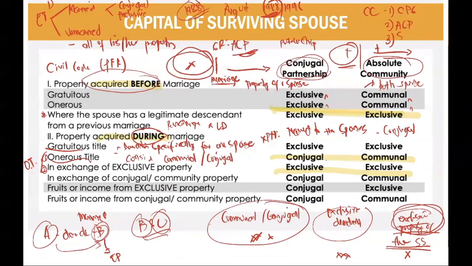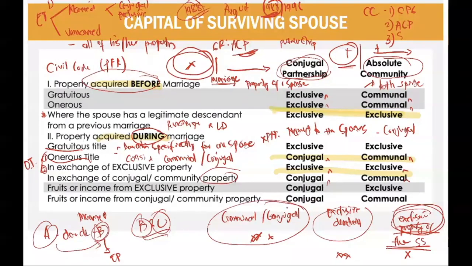Therefore, it is considered conjugal. On the second one, it is an exchange of exclusive property. That's why it is considered exclusive. Clear? So here is still the same. In exchange of conjugal or communal property, it is still conjugal.